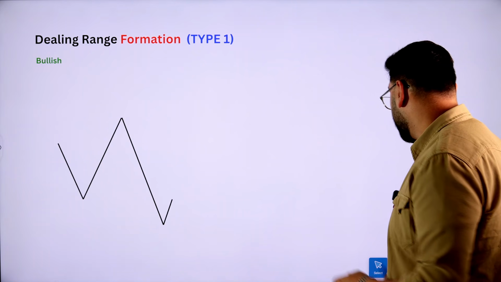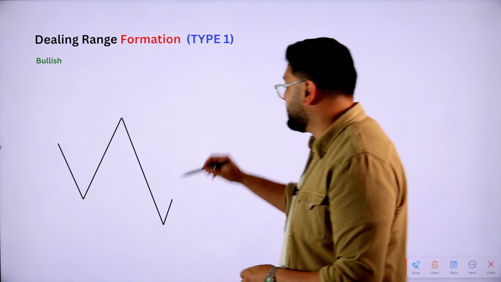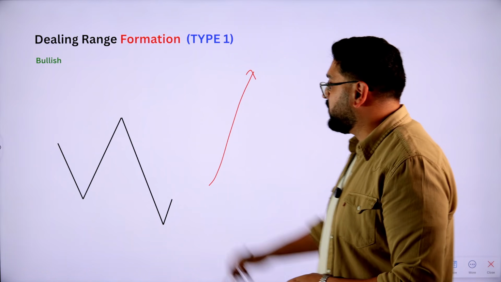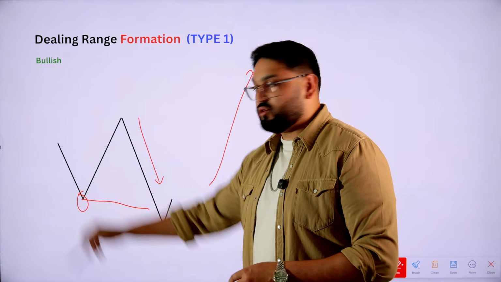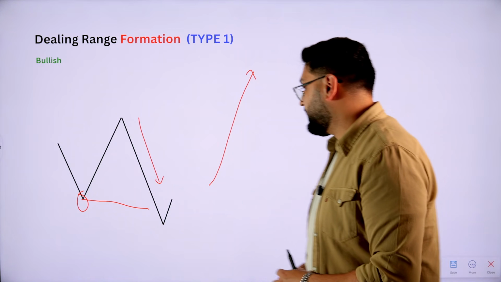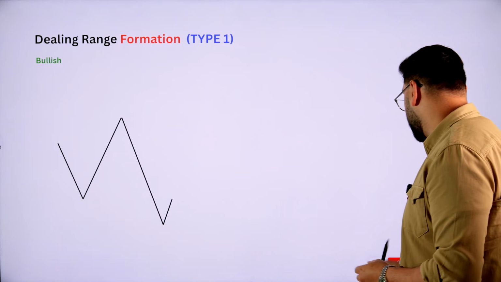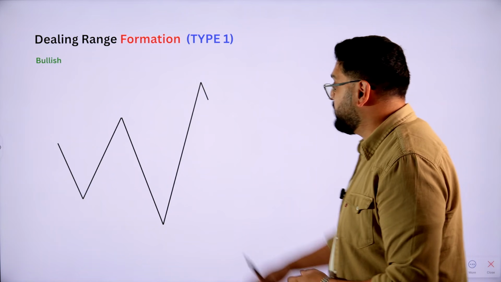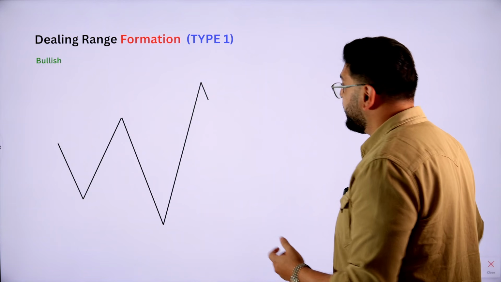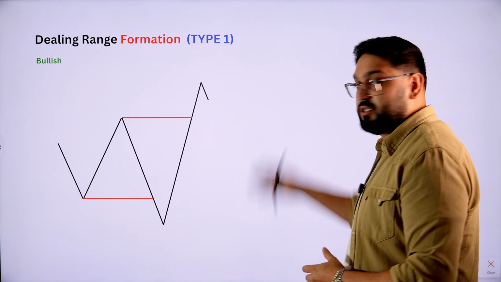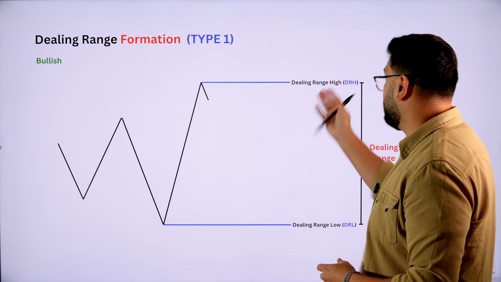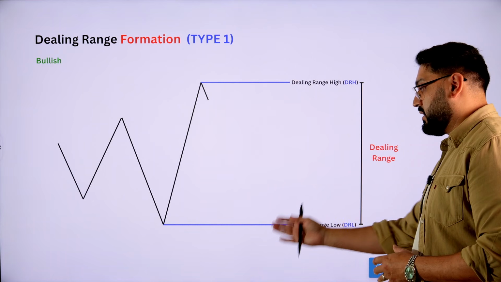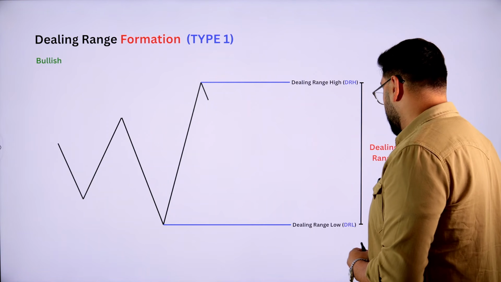Let's bring in a bullish example here. Again, same scenario, where if we are anticipating higher prices, we want to see the market drop lower first below an old short-term swing low to the left. We then want to see the market turn around here and reprice higher back above a swing high. This will again set our new dealing range, where we have a clear defined dealing range high and a clearly defined dealing range low.